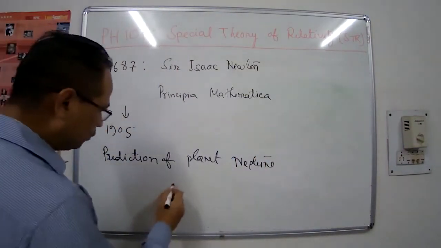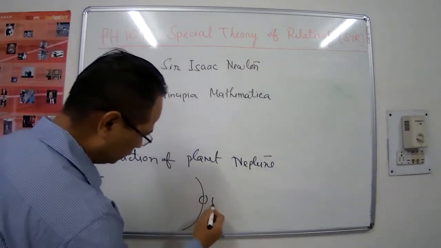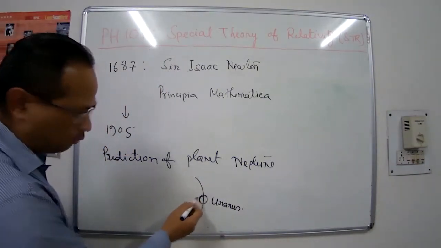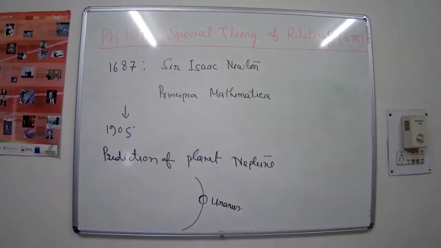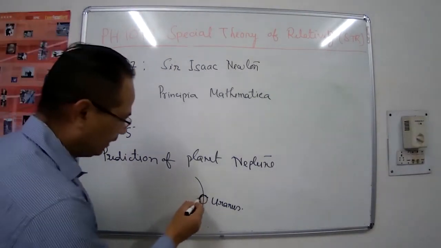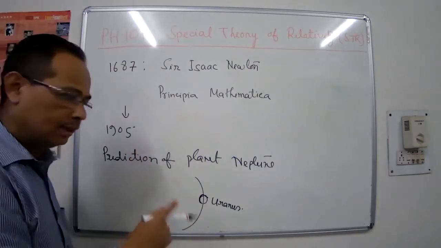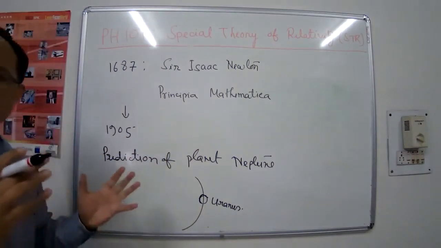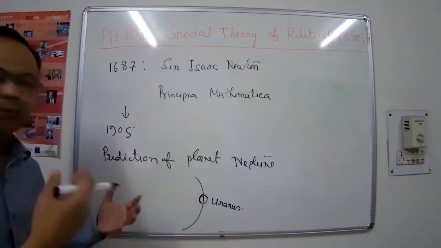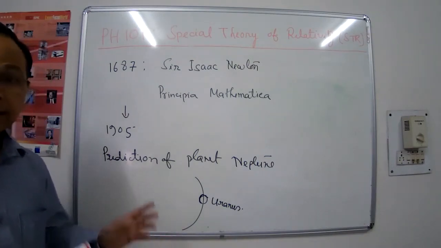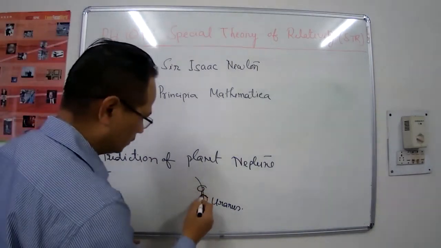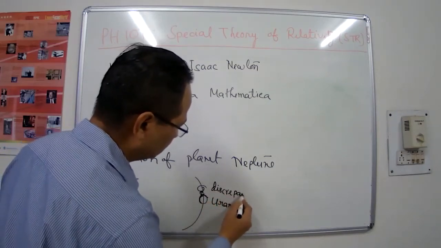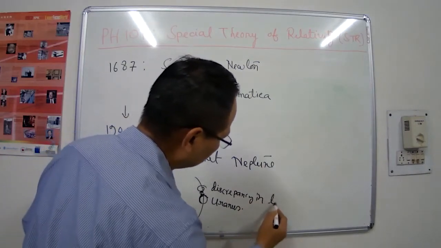When the planet Uranus was known, and one looked at the predicted location of Uranus and the observed location of Uranus, that is, the experimentally found location and the calculated or theoretically predicted location, there was a slight discrepancy in location.